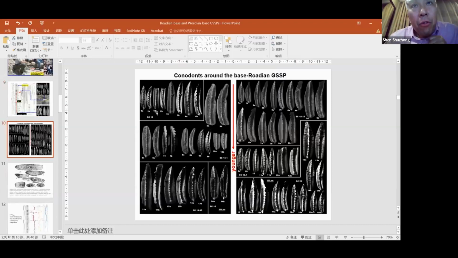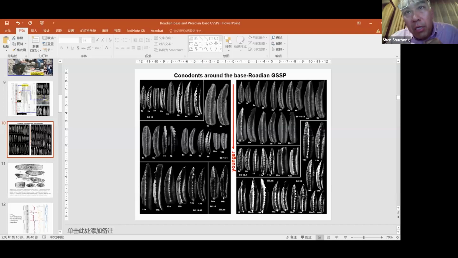And then if we look at the series of conodonts we find from the section, this is lower, and then going up, this is younger. We can find serrated Jinogondolella specimens quite low, below the GSSP.